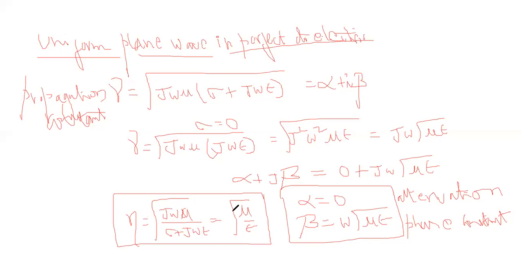It is a constant value, around 120 pi or 377 ohms. Only beta depends on the frequency. In a perfect dielectric, alpha is equal to 0, so we call it a lossless dielectric.